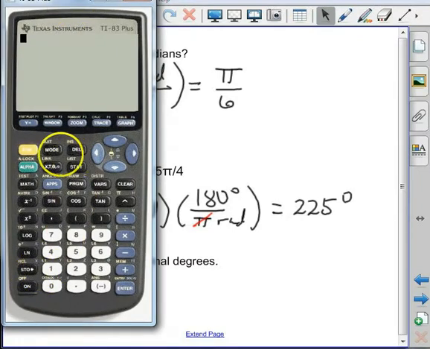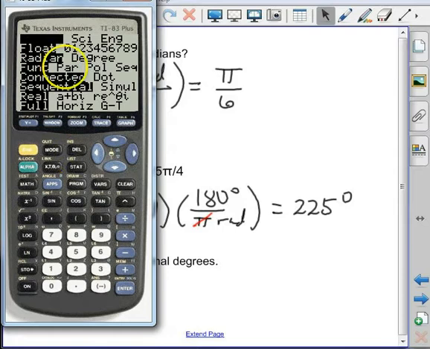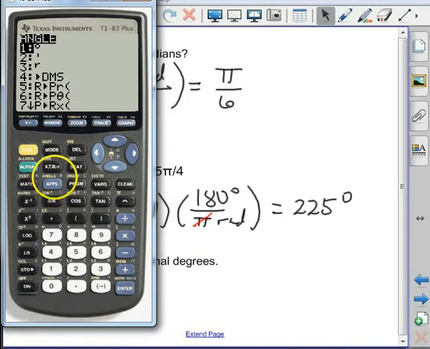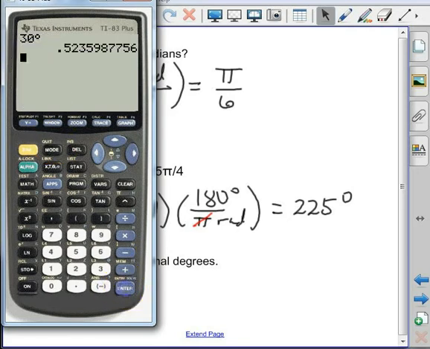You can also do that on your calculator. What you need to make sure is that you are in radian mode right here. If I want to convert 30 degrees to radians, I type 30, then second angle, hit 1, hit enter, and that's how many radians it is.